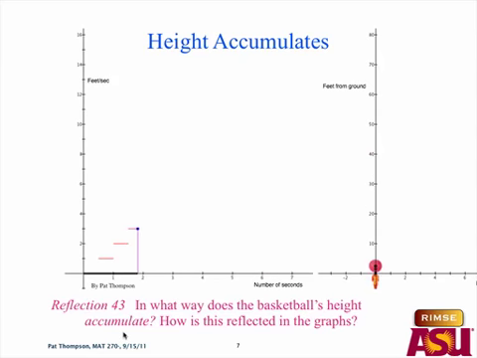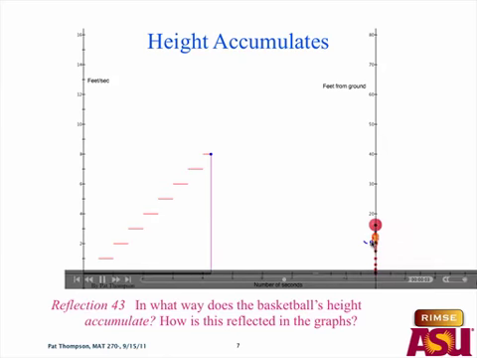These dots that it's leaving behind are per half second. So if we looked at little bits of time of a half second, as it accumulates, each half second, it has gone further than a half second before. So for every little change in time, we get a little increase in height. And so that's how height accumulates, a little bit at a time, just like you said.